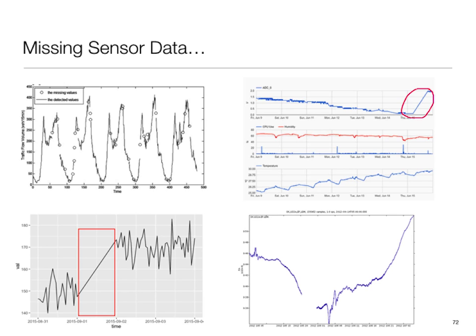So with missing sensor data, at the very least, you should know that it is missing. The challenge one faces is that oftentimes the systems don't distinguish between missing data and a valid null value.